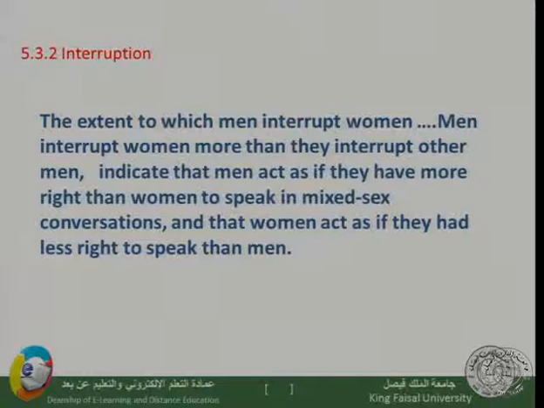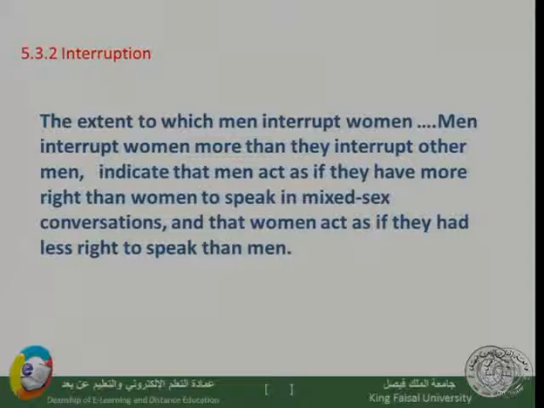I repeat this again. According to recent research, a mixed sex conversation means that we have men and women talking. It is not men only, it is not women only, it is mixed. We have men and we have women.